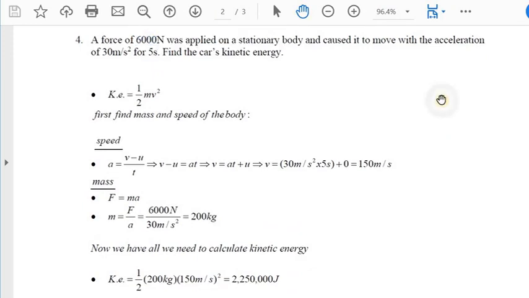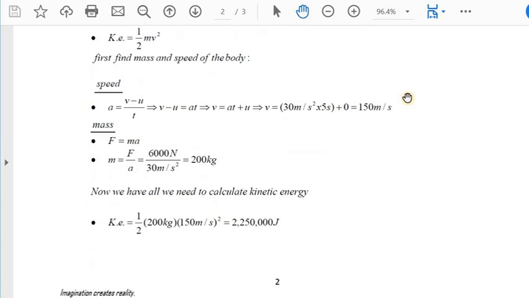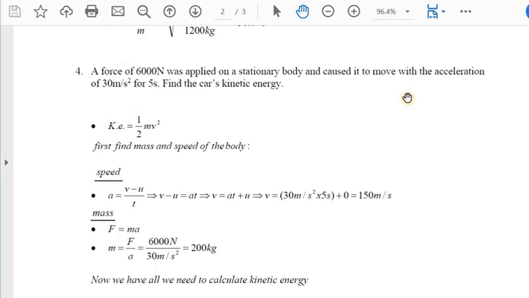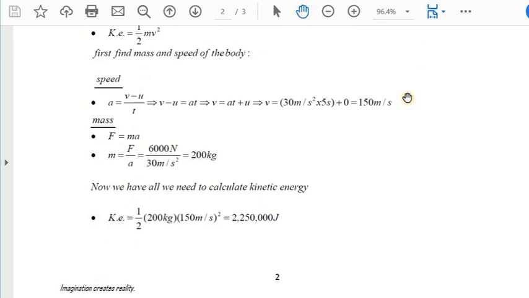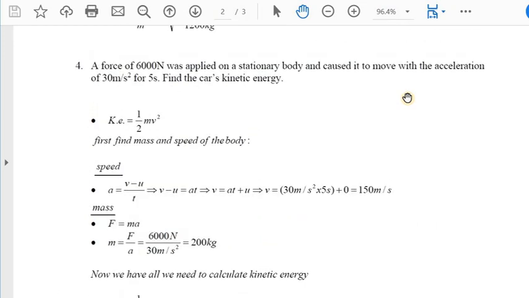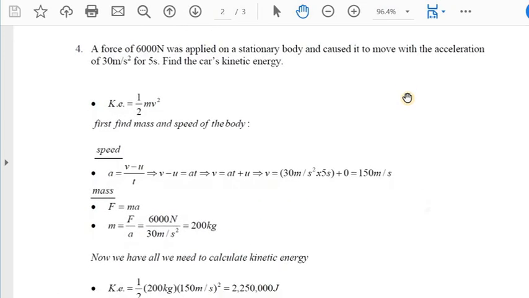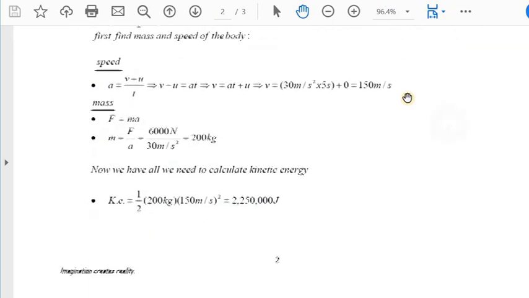This is a force of 6,000 newtons based on this acceleration of 30 meters per second squared. So for you to find the mass of this car, you have to divide the force by the acceleration of that particular vehicle. Is it a vehicle? No, just a body. I don't know. Yeah, it's a car. That's how you find that the mass of the car is actually 200 kgs.